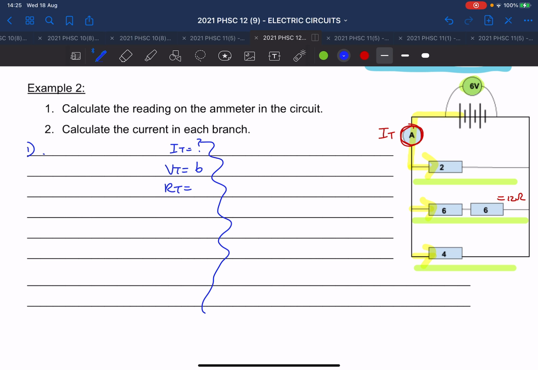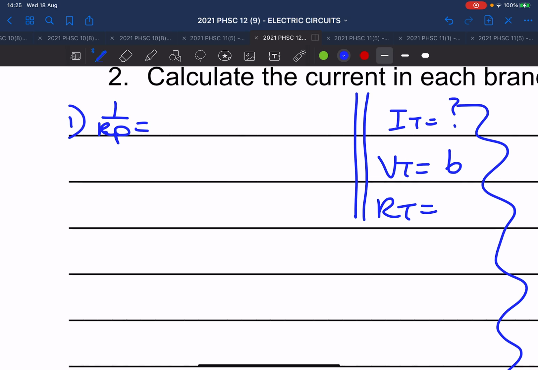So I'm going to say 1 over R parallel is 1 over 2 plus 1 over 12 plus 1 over 4. So that gives you 6 plus 1 plus 3 gives you 10 over 12. Now this is a very important step.